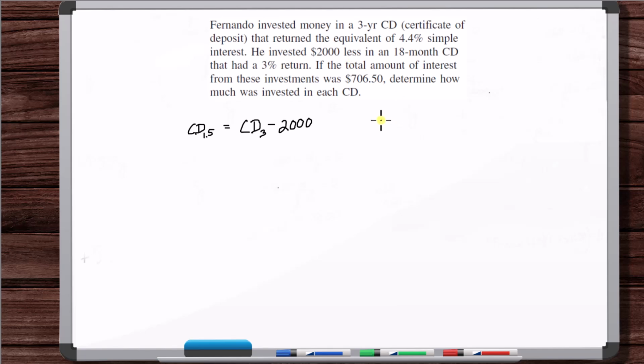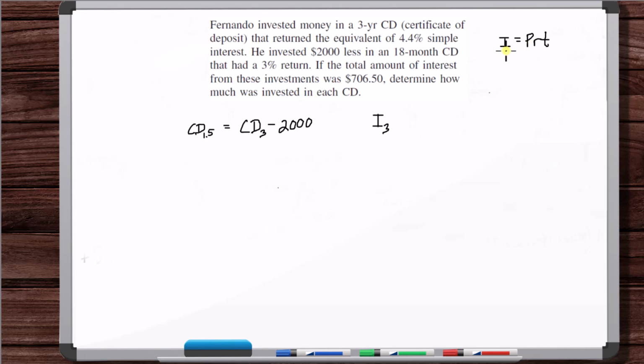Okay. The interest earned, so let's say this is I3 and then I 1.5. That's the interest earned on CD 3 and CD 1.5. We know that the general formula that we saw in the textbook video was I is equal to PRT. T is in years, R is the rate, and P is the amount, the principal, or the initial investment. So like our P is going to be the CD 1.5 and CD 3.